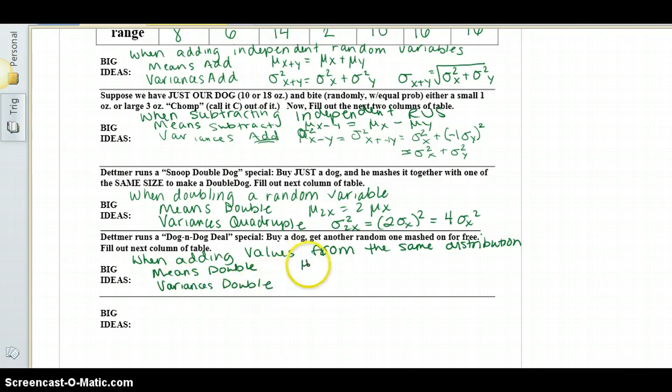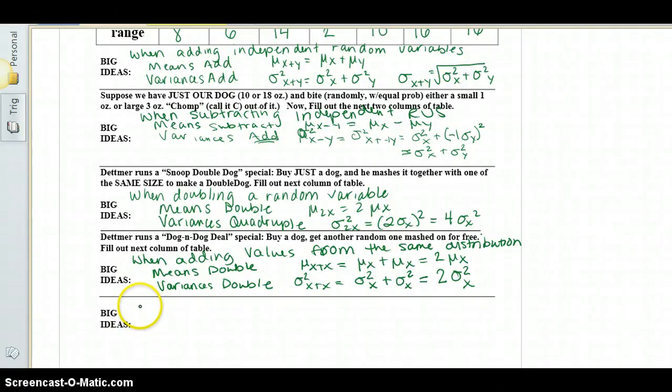Because when you're doing the mean of x plus x, that does equal the mean of x plus the mean of x, which is equal to 2 times the mean of x. With variances, you're finding the variance of x plus x. So that's the variance of x plus the variance of x. Do you see how these two bottoms were different the way we did them? And so then that gives us 2 times the variance of x. Okay, so 2 times a random variable is a different situation than a random variable plus another random variable.